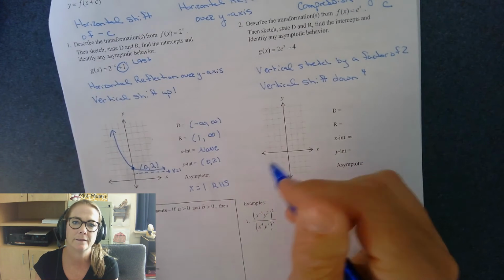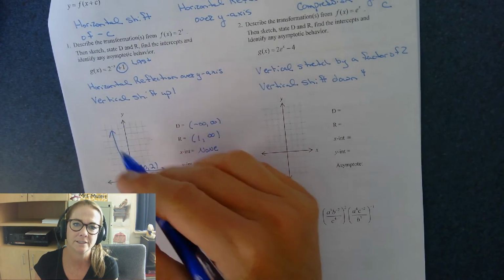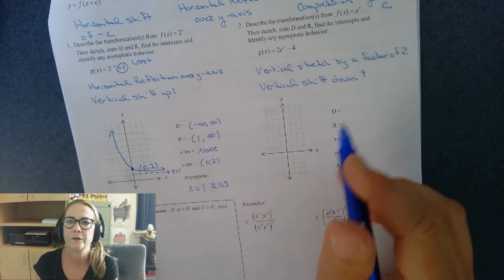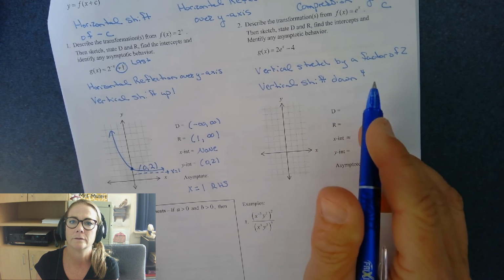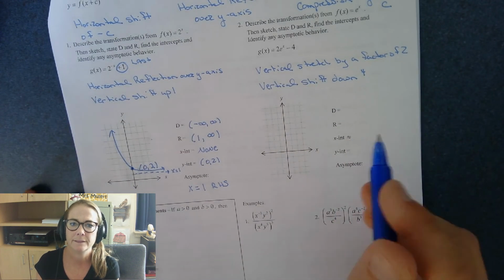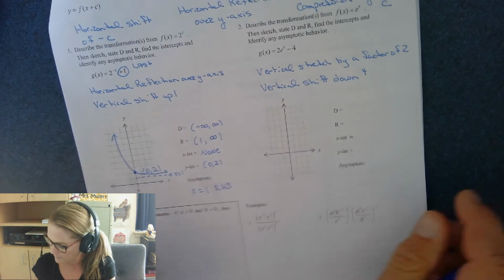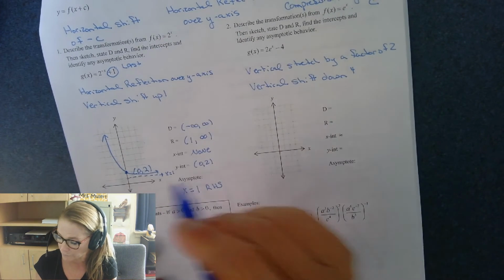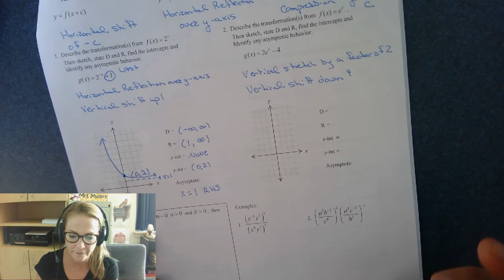These graphs have such similar shapes that we'll do what we can with the vertical stretch by 2, but it's hard to get it really precise because these graphs are so exponential on one side and so flat on the other.